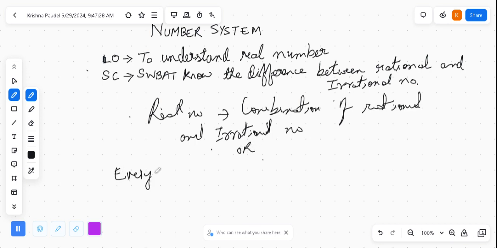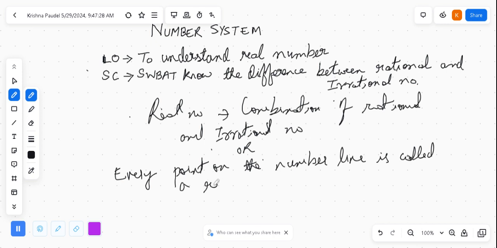every point on the number line is called a real number. So we can get infinite rational and irrational numbers on the number line.